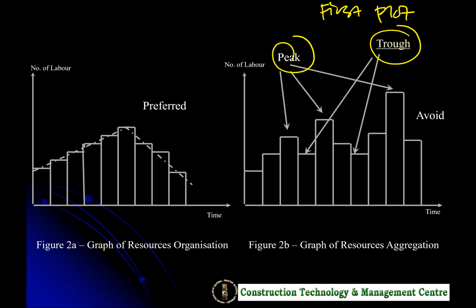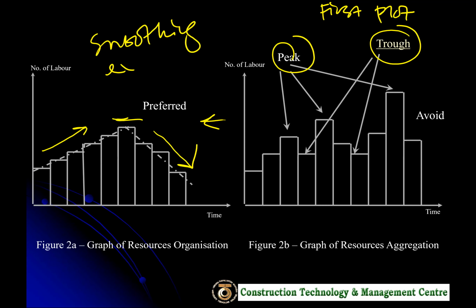It will have a lot of impact on workers' morale, turnover, and productivity, because everything is not certain. We need to basically transform this graph to look like this. A gradual increase, and the peak is there, never mind, and then a gradual decrease. How do we do that? This is what we call resource smoothing. We go into the resource smoothing exercise.